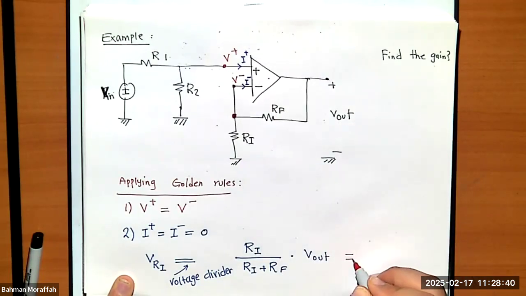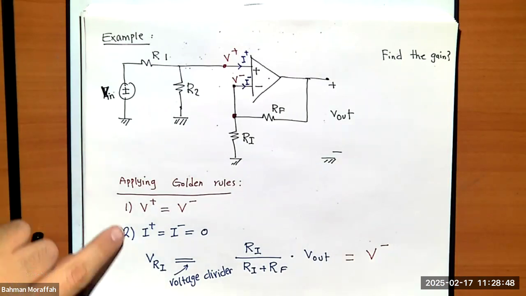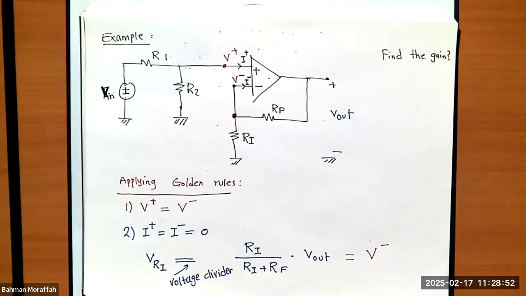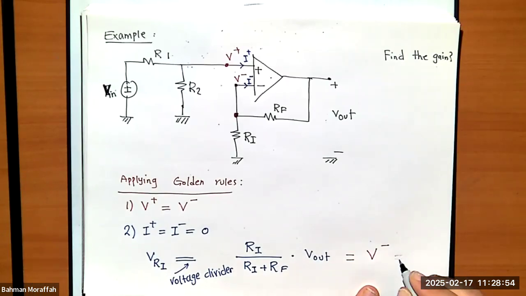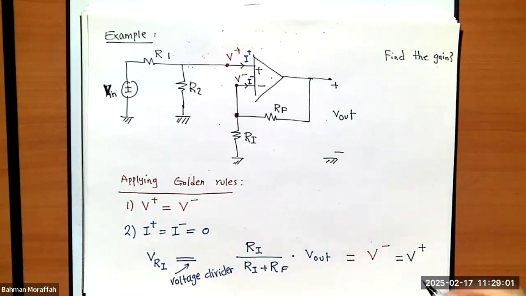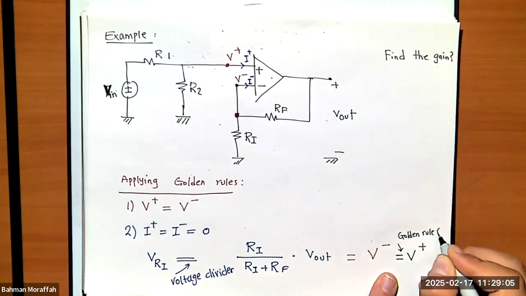So do you agree this is exactly V negative? Right? But the first rule that we have implies this V negative must be V positive. Right? So this is golden rule 1.